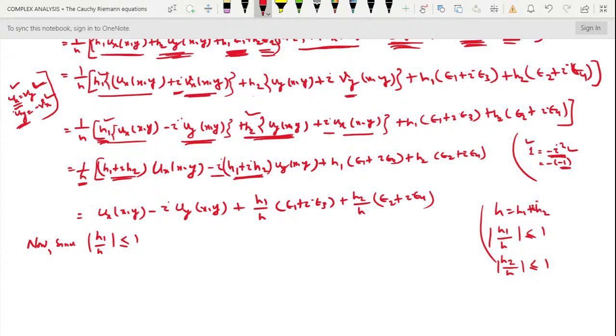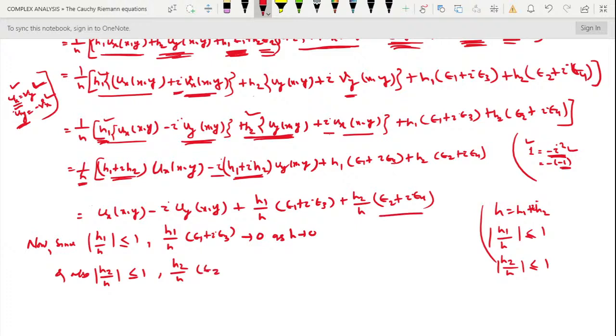So since h1 by h is less than or equal to 1, then h1 by h whole into epsilon 1 plus i times epsilon 3 tends to 0 as h tends to 0. Also, s2 by h has modulus less than or equal to 1, so s2 by h whole into epsilon 2 plus epsilon 4 goes to 0 as h goes to 0.